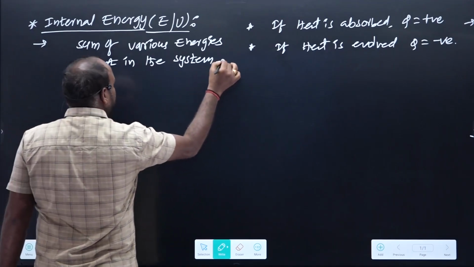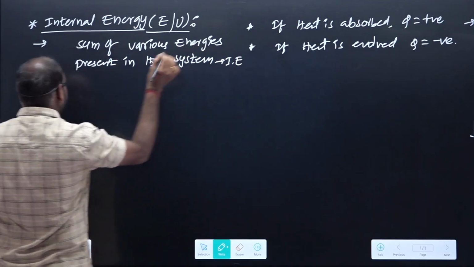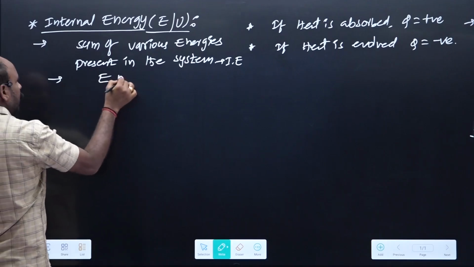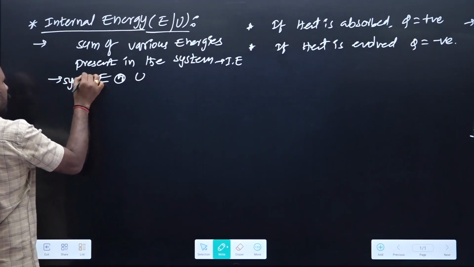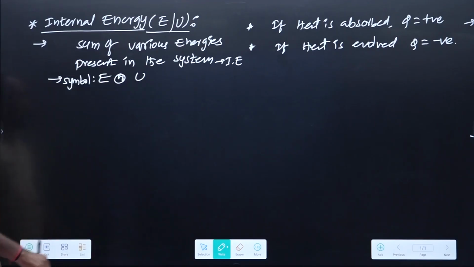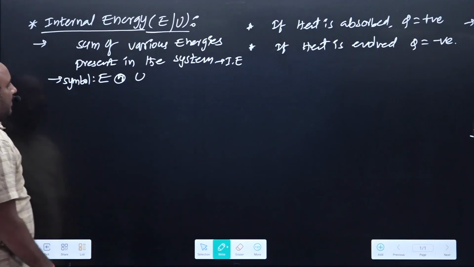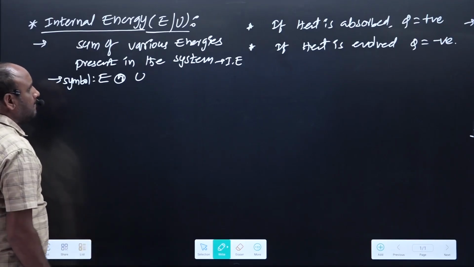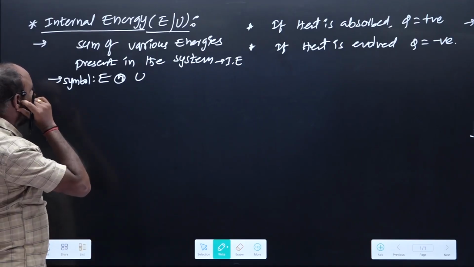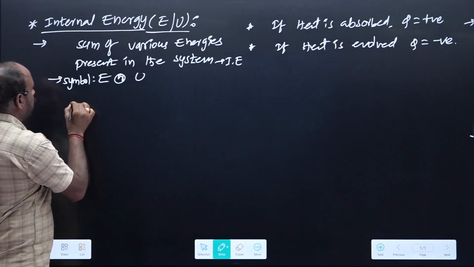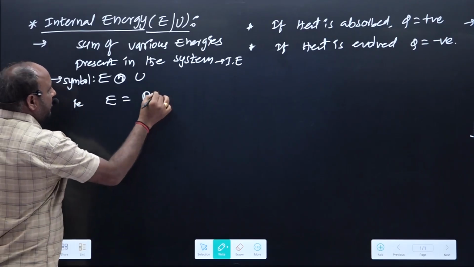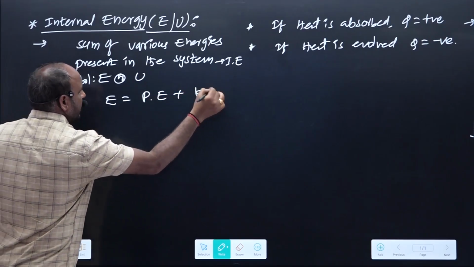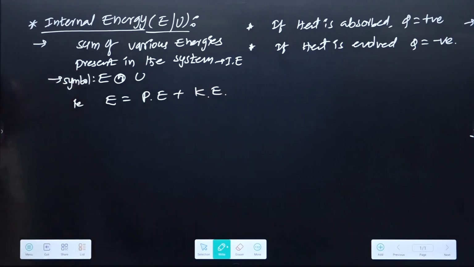So this is called internal energy, and it is denoted with E or U, right? Internal energy E or U is equal to potential energy plus kinetic energy, right?